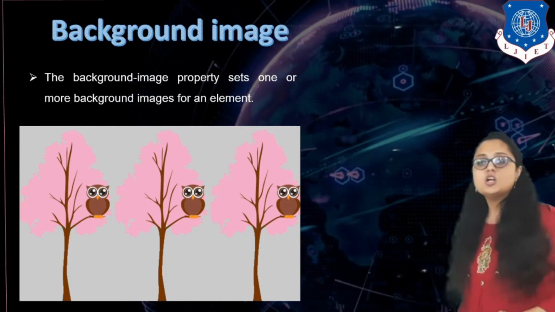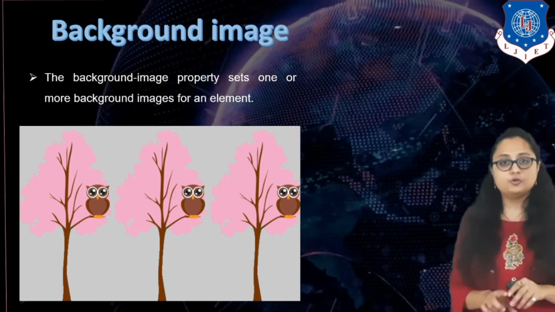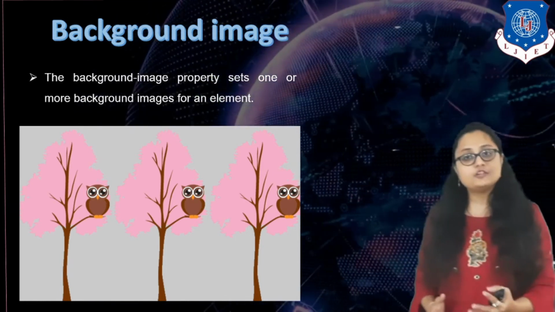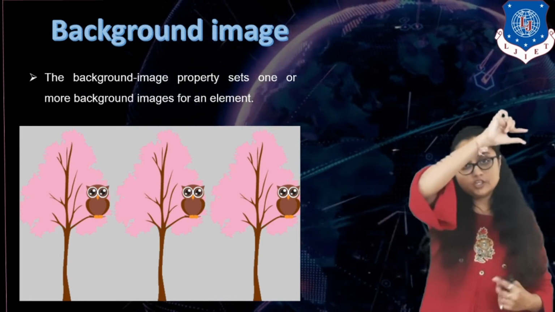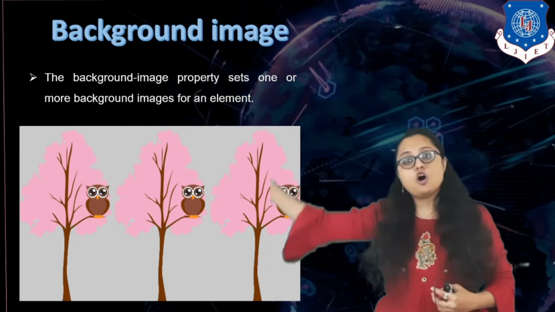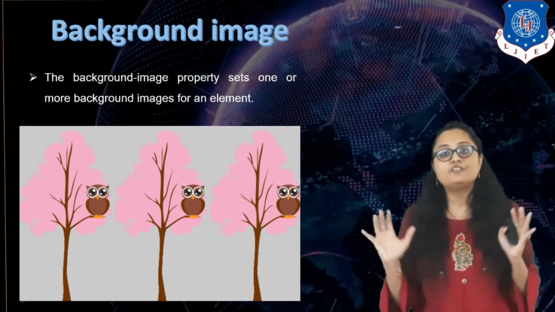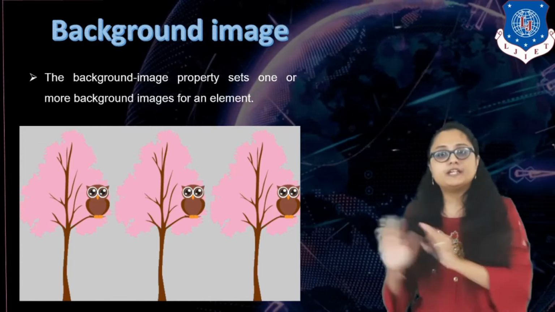Here I have not displayed the whole page, but if you have a larger window, you can practice at home and see that if there is a small image, that image will be repeated horizontally as well as vertically all over the page. That is the default characteristic, that your background image will be repeated.